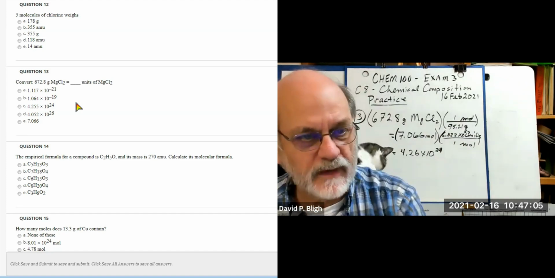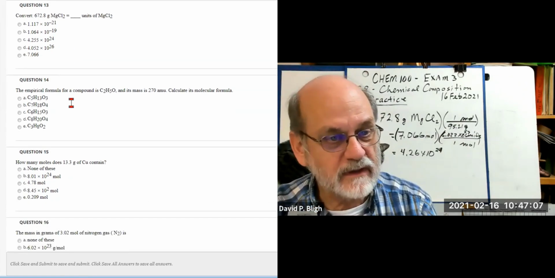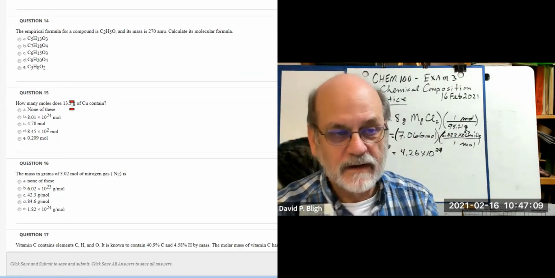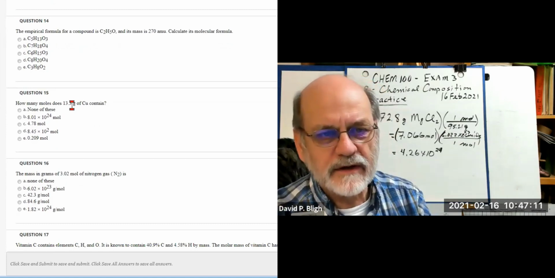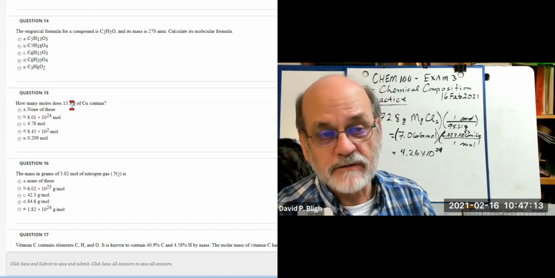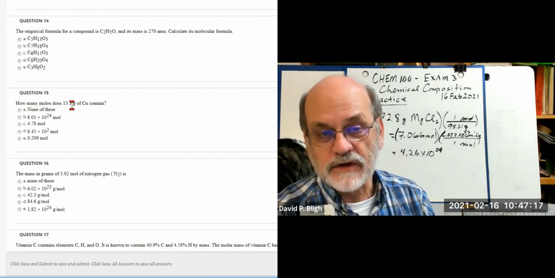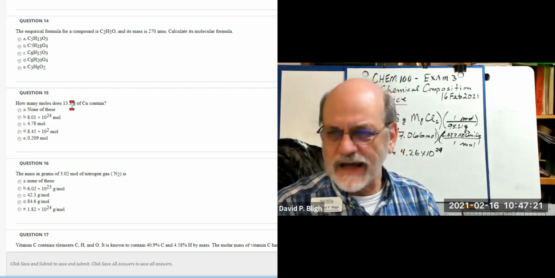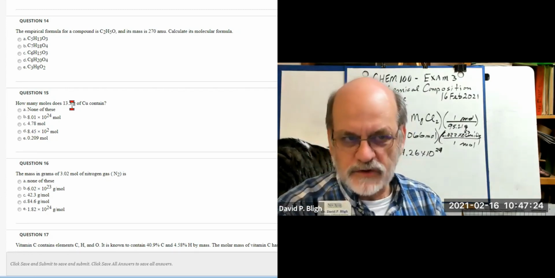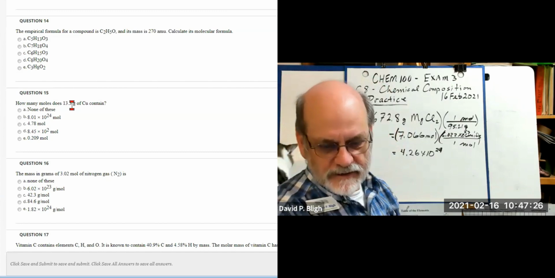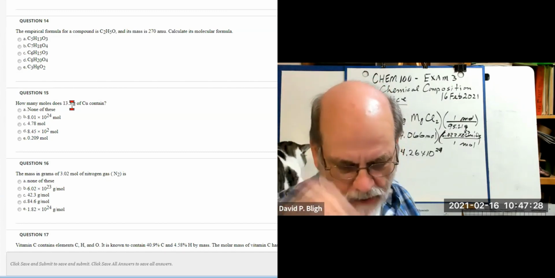Okay. Scroll up a little bit here. The empirical formula for a compound is C2H5O, and its mass is 270 AMUs. Calculate its molecular formula. Okay, this is kind of like the one before, with a twist. So let me start my timer now.